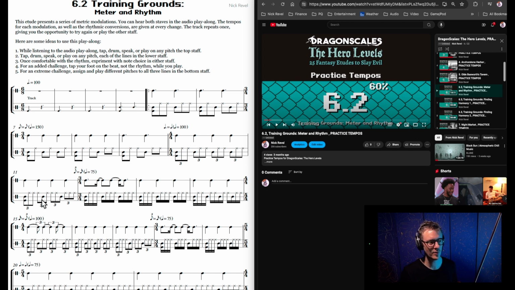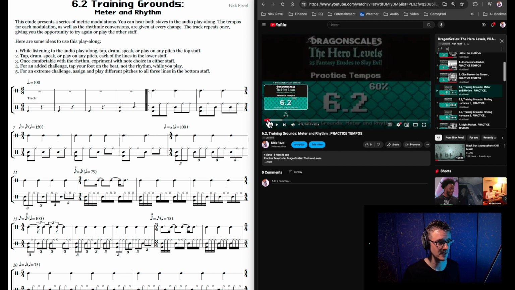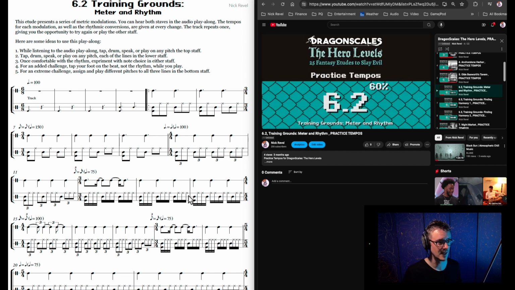Once you can comfortably get through the etude conducting and listening to the recording, I recommend filling in the subdivisions with mouth sounds. What I mean by that is, if we back up to the beginning somewhere, you click with your tongue or make some sound that indicates the bottom line, and you do that all at the same time. Let's see if we can try it. 1, 2.